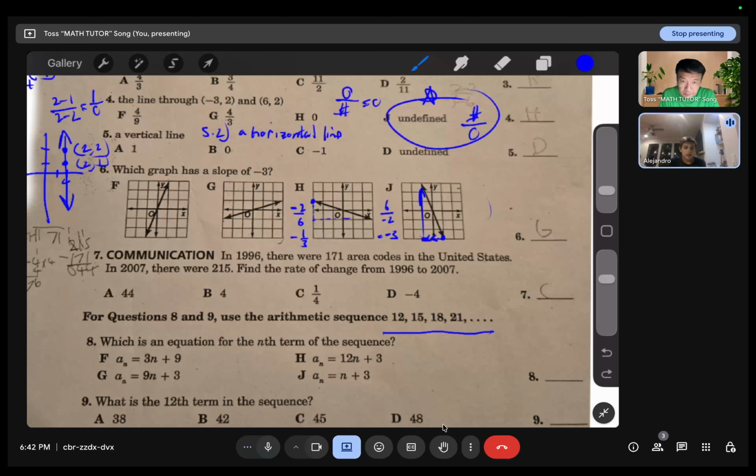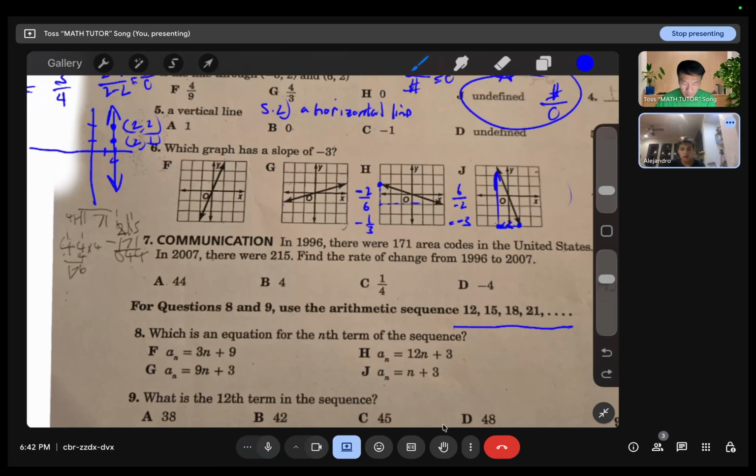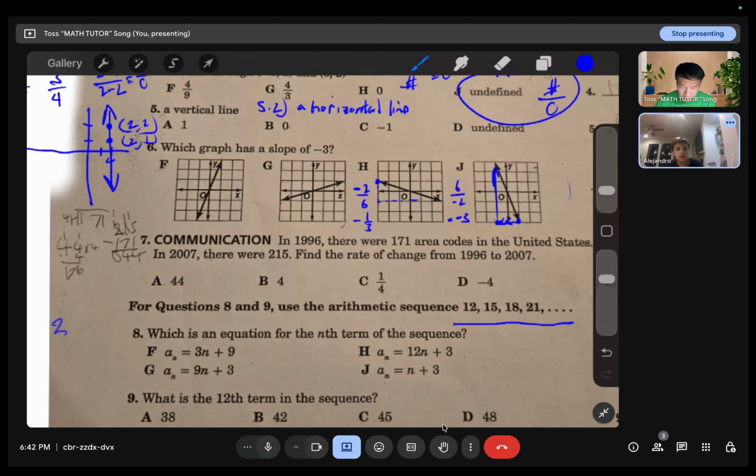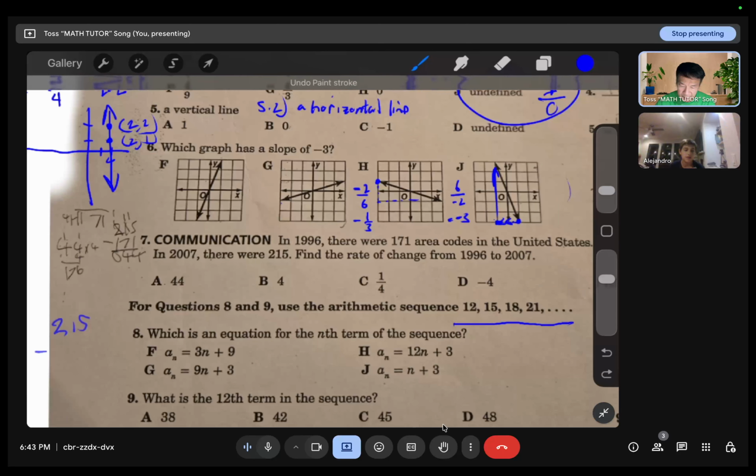So I did 215 minus 171. Okay. Like subtract it, 40. Okay, I see that you did that. I'm going to write it sideways, and then now what?